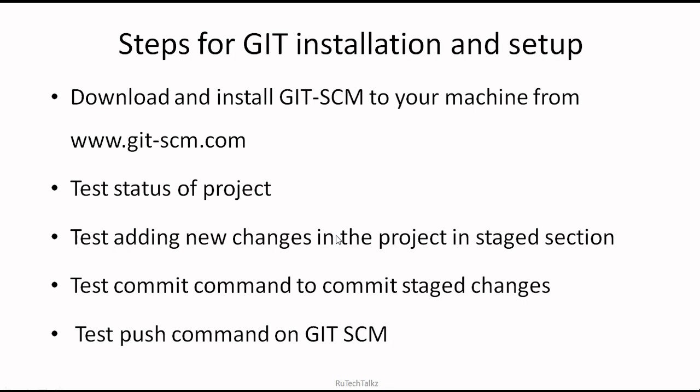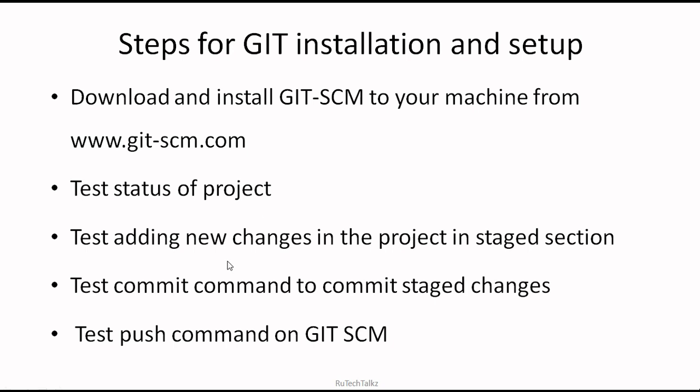Now let's see the steps for Git installation and setup. First, we will download and install Git SCM on your machine from the www.git-scm.com website. I have given the URL in the comments below. Then we will test the status of the project by giving the git status command.